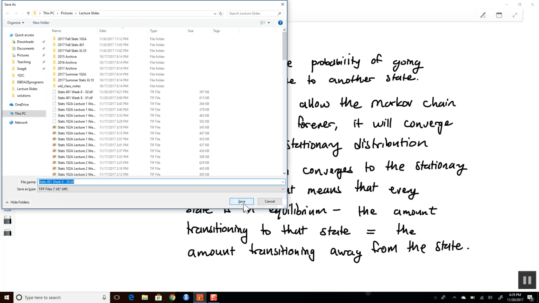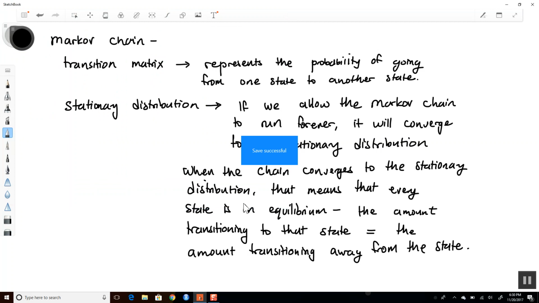Okay. In order for us to say the Markov chain is going to converge to this stationary distribution, it does need to meet certain criteria, meaning it has to be ergodic and aperiodic, which basically means that each state can travel to every other state at some point.